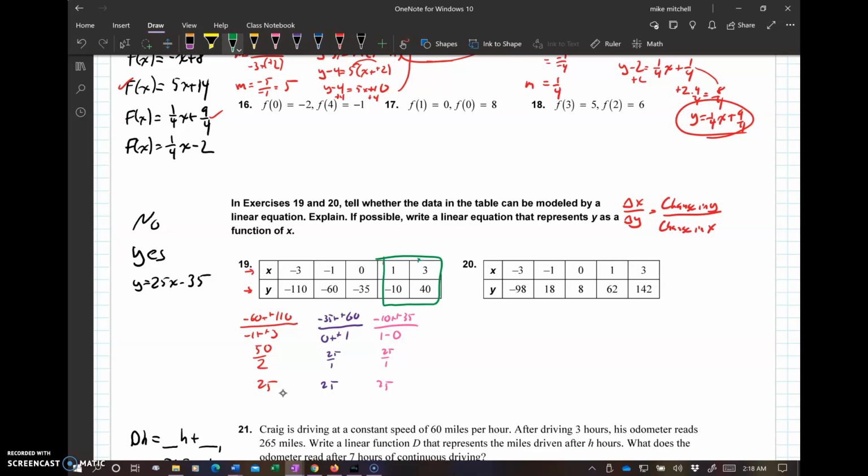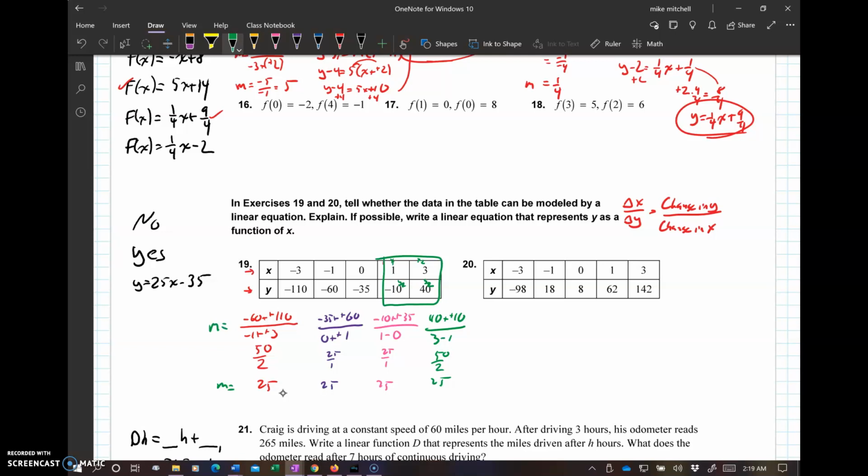And again, this is going to be my x2, x1, y2, y1. Whoops, y1, y2. Sorry about that. That's going to be 3 minus 1 over 40 minus, I get this upside down again, 40 minus -10 over 3 minus 1, plus a positive. There's 50 over 2, there's 25. So all these are in the same ratio. These are all actually our slopes.